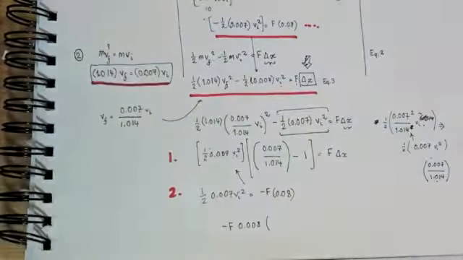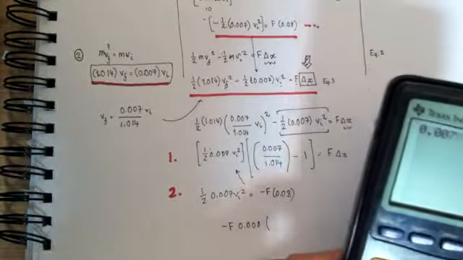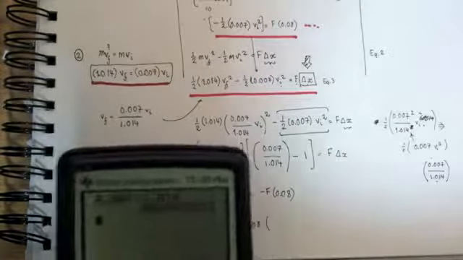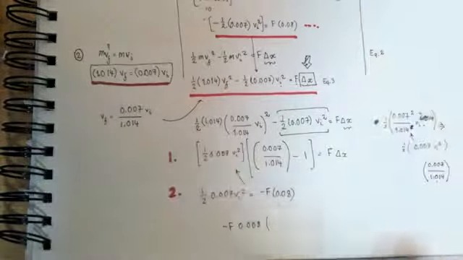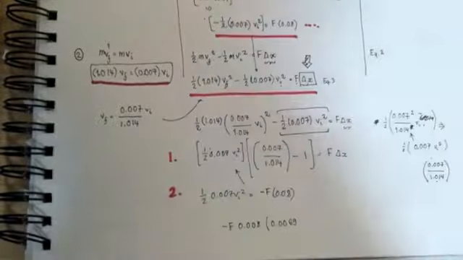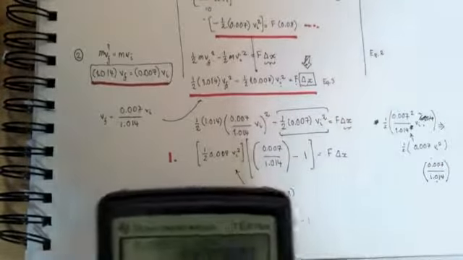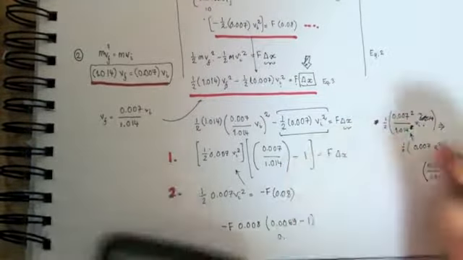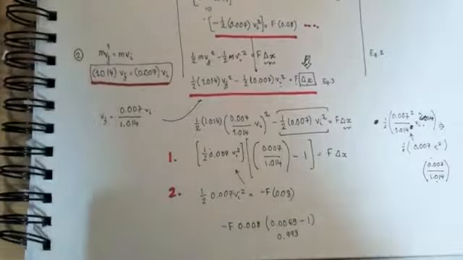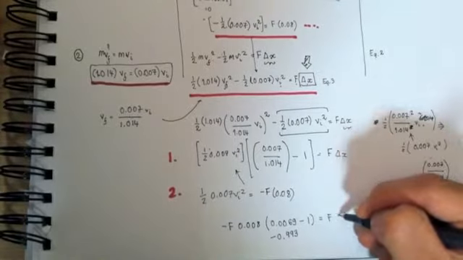Multiplied by, and I'm actually going to calculate that right now if I can get my calculator. It should be something along the lines of, yep, 0.0069 minus 1, so this becomes 0.993, negative, equals, just finishing my train of thought, f delta x.